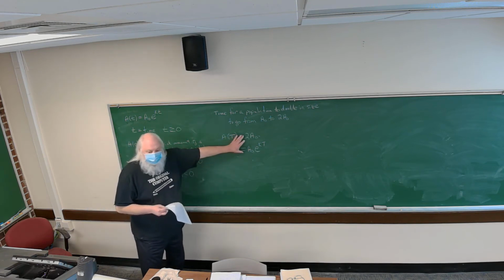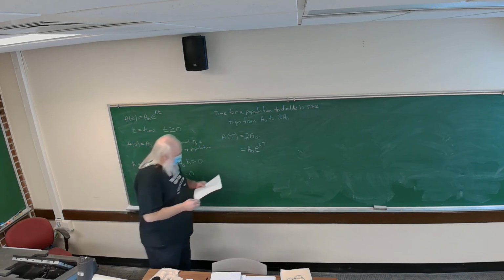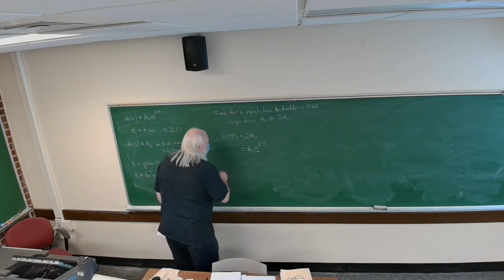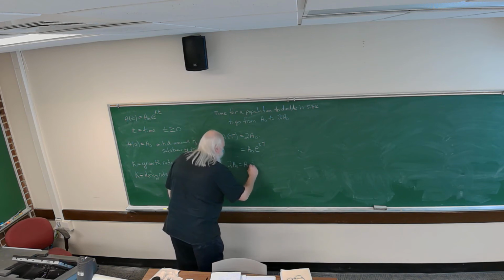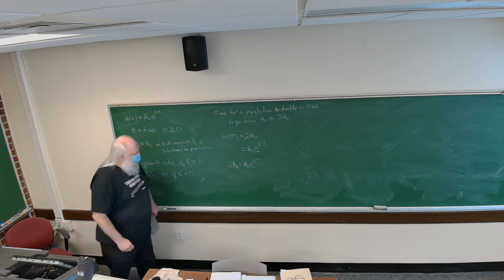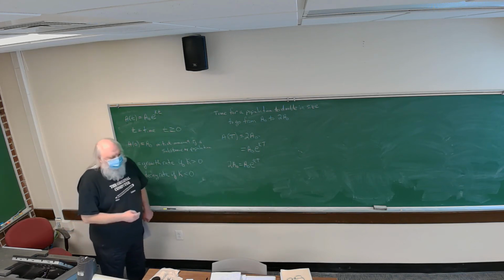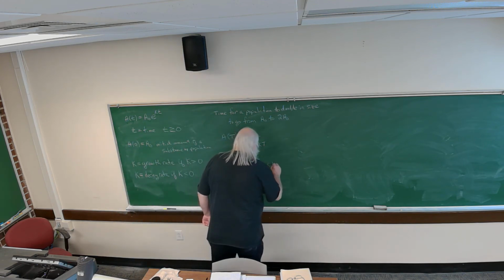These two on the right here have to be equal because they represent the same thing. So we set 2 a sub 0 equal to a sub 0 times e raised to the k times capital T power. And we're going to solve for big T.